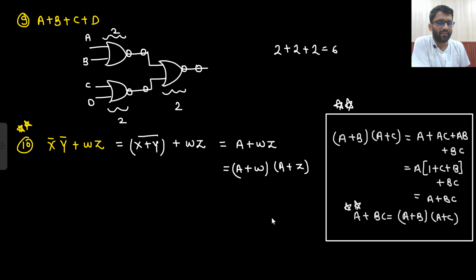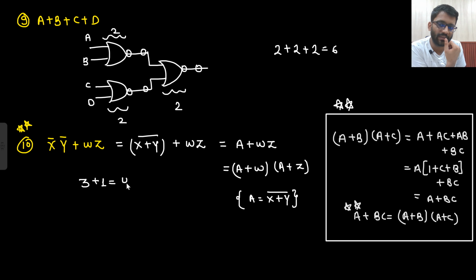What is my A here? Where my A is X plus Y bar. So A plus W into A plus Z, how much it will require? 3. And X plus Y bar, how much it will require? 1.